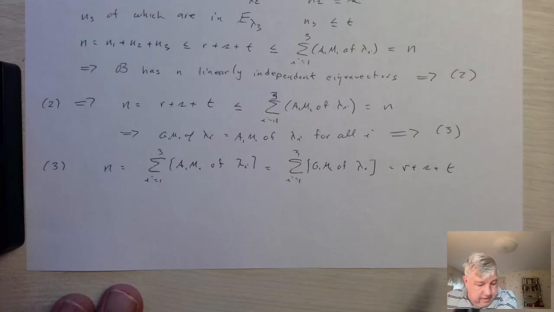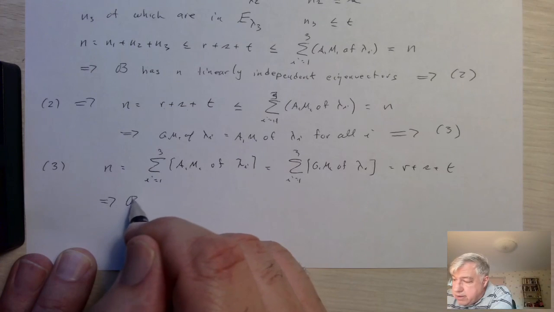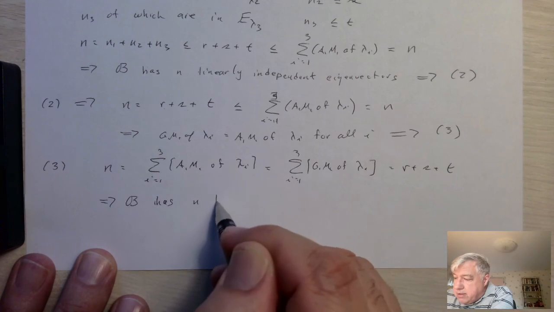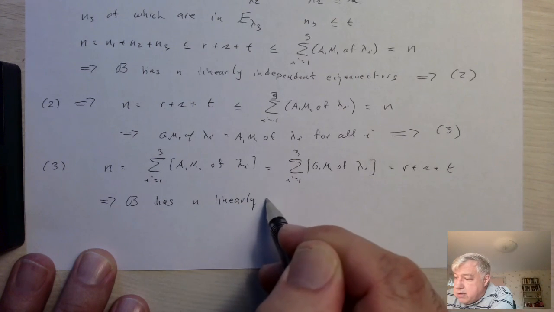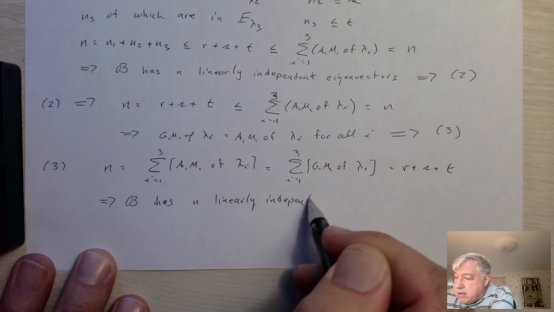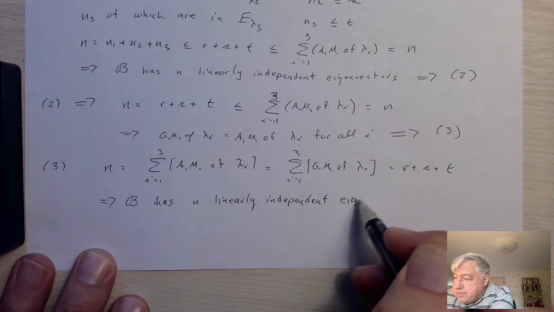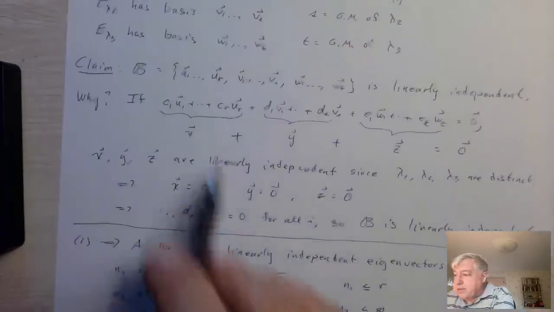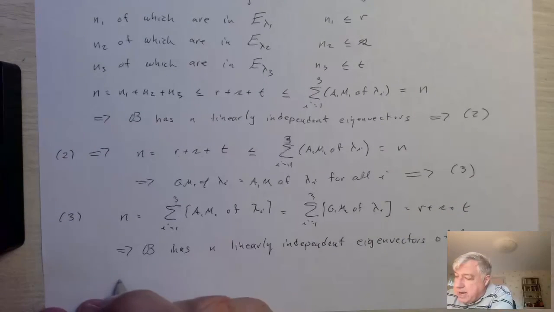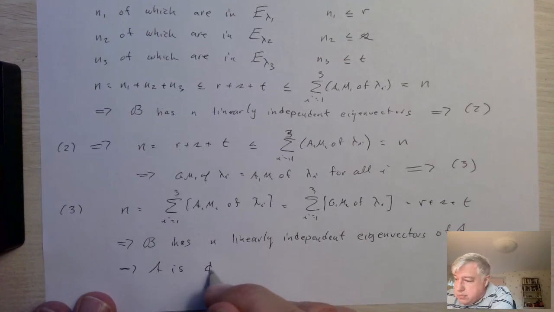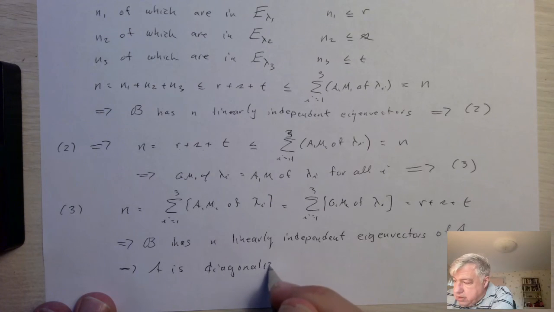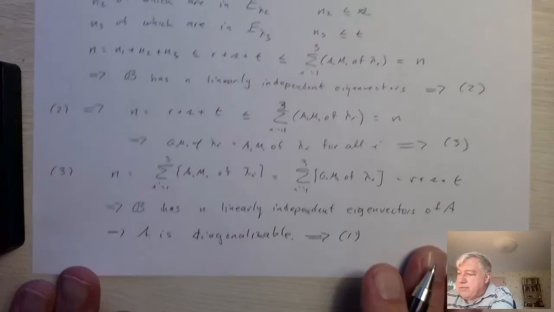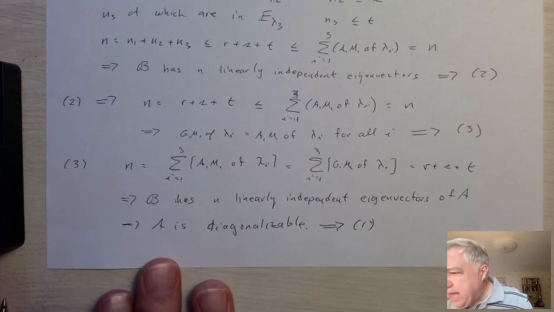So that means that beta has n linearly independent eigenvectors of A. That is this set. So A is diagonalizable, which is 1.